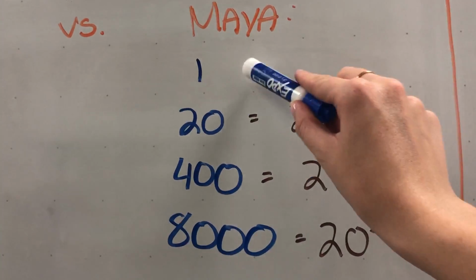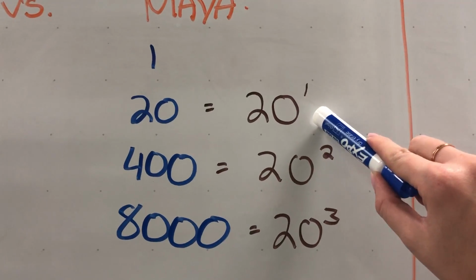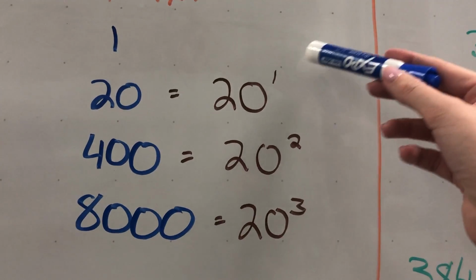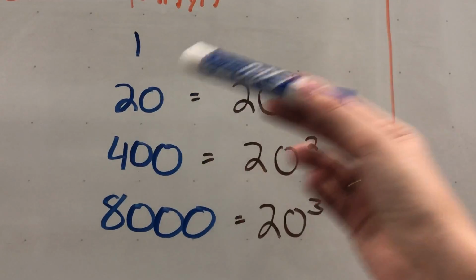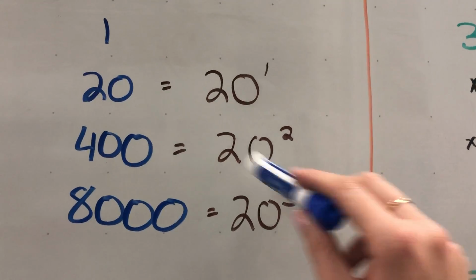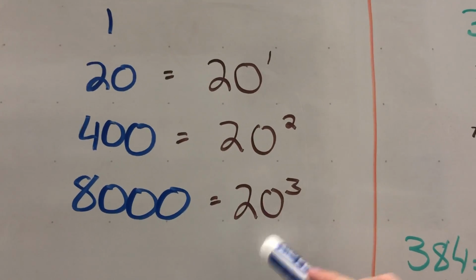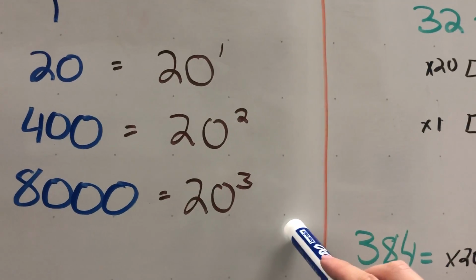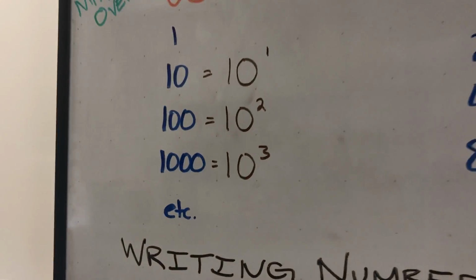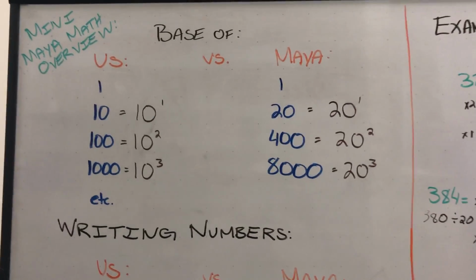Then you move on to their 20s: 20 to the power of 1 equals 20. 20 to the power of 2 would be 20 times 20, which equals 400. 20 to the power of 3 would be 20 times 20 times 20, which equals 8,000. It goes on and on, just like our system.